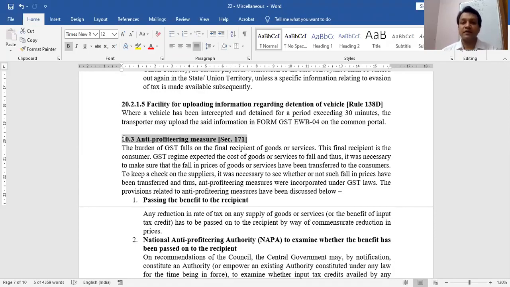So government expected that because of GST, there should be reduction in the prices of the products. Why?